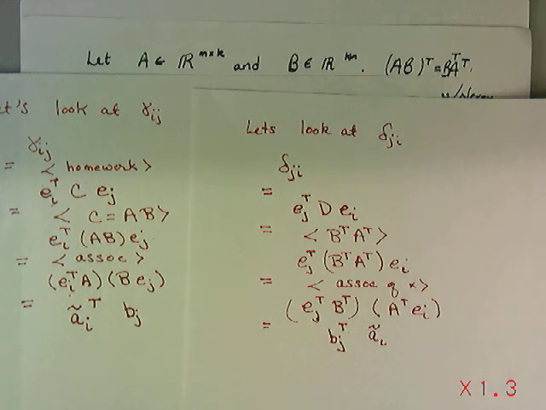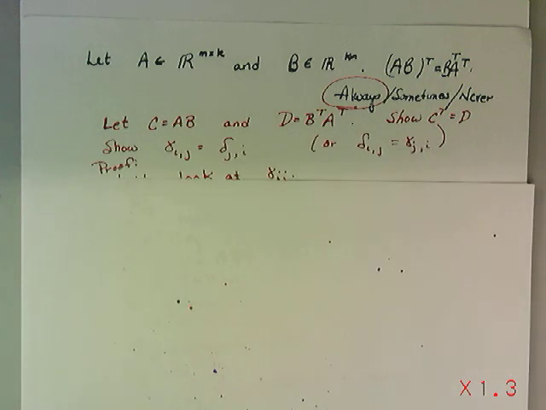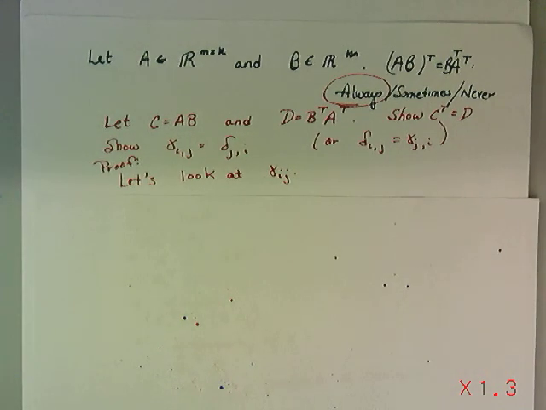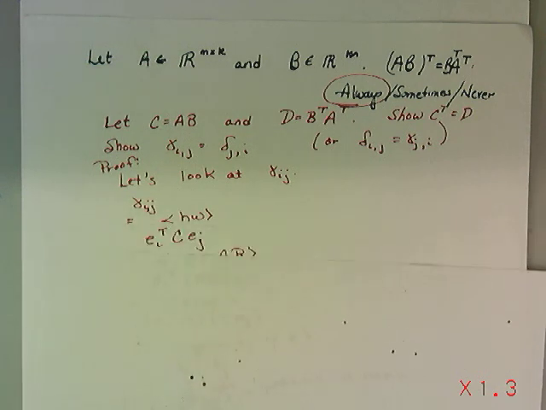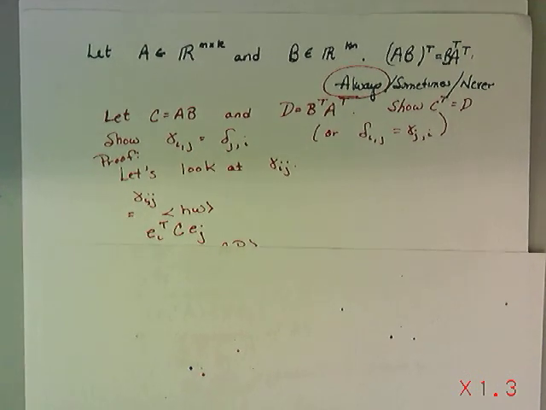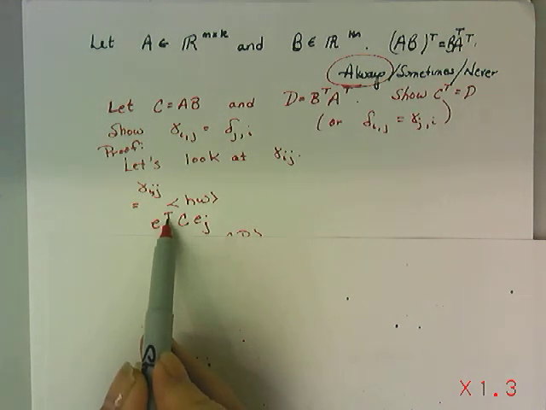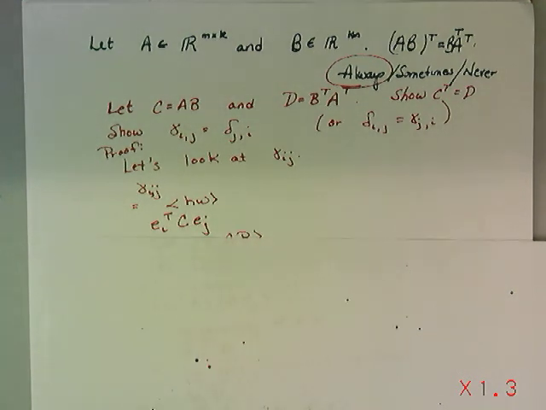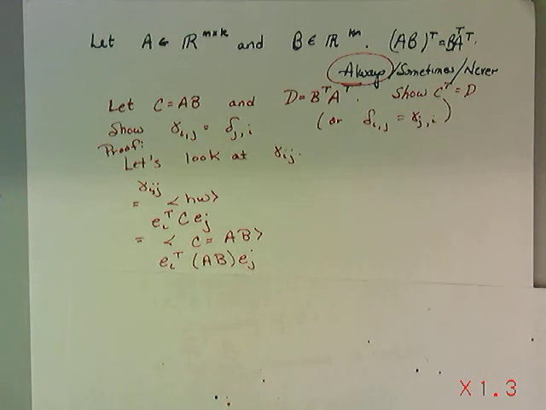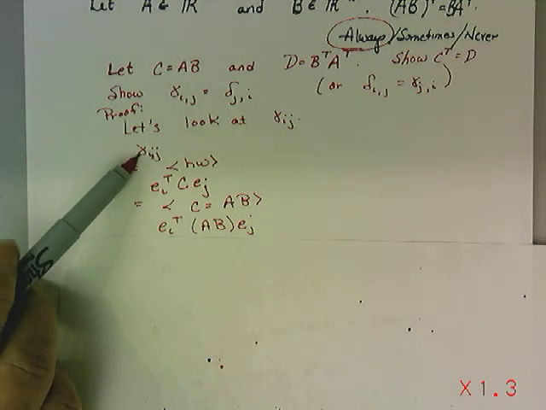I can actually formally write this. Now let's go through a nice formal written argument for this. Again, I start with looking at delta sub ij, and I say that by our homework we could write it as the product of the transpose of the ith unit basis vector times C times the jth unit basis vector. And then I know that if C is equal to A times B, the following product is equivalent to gamma sub ij.